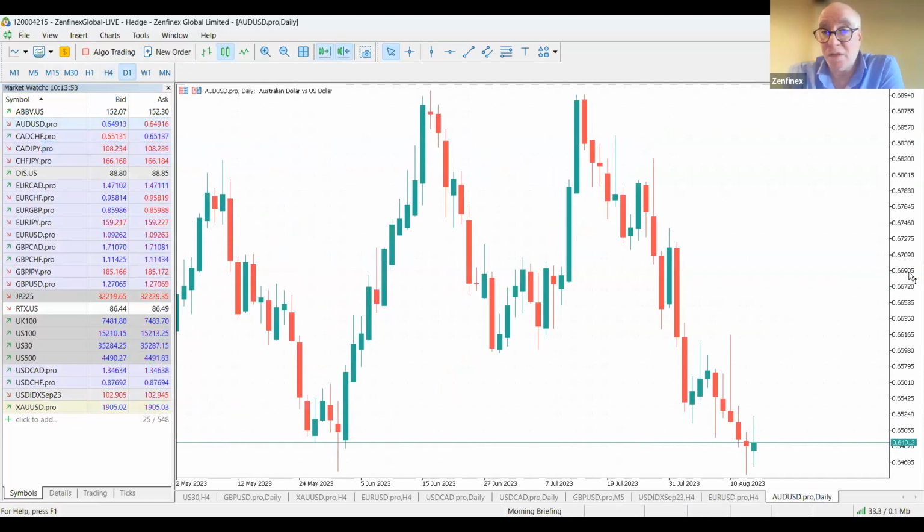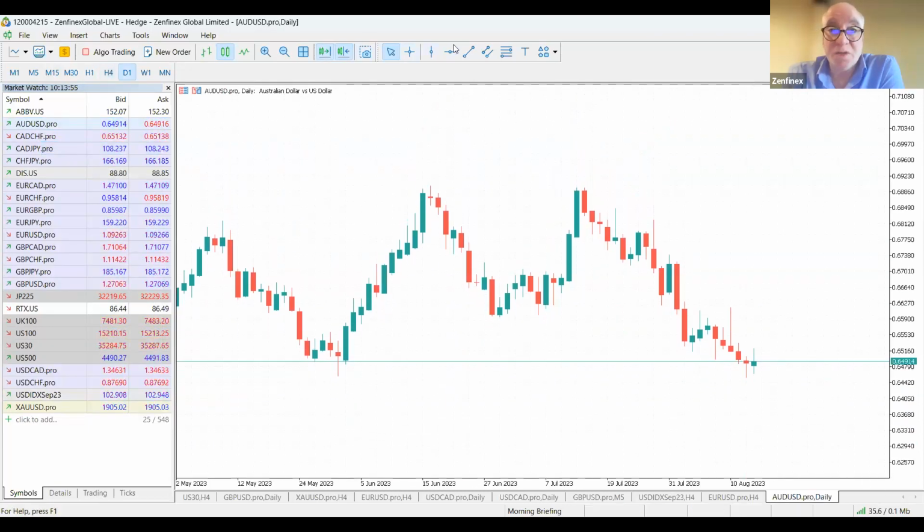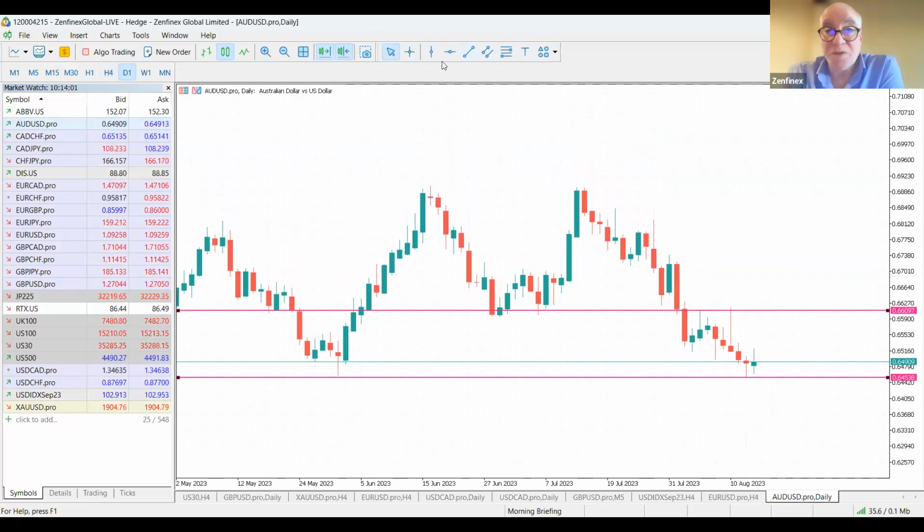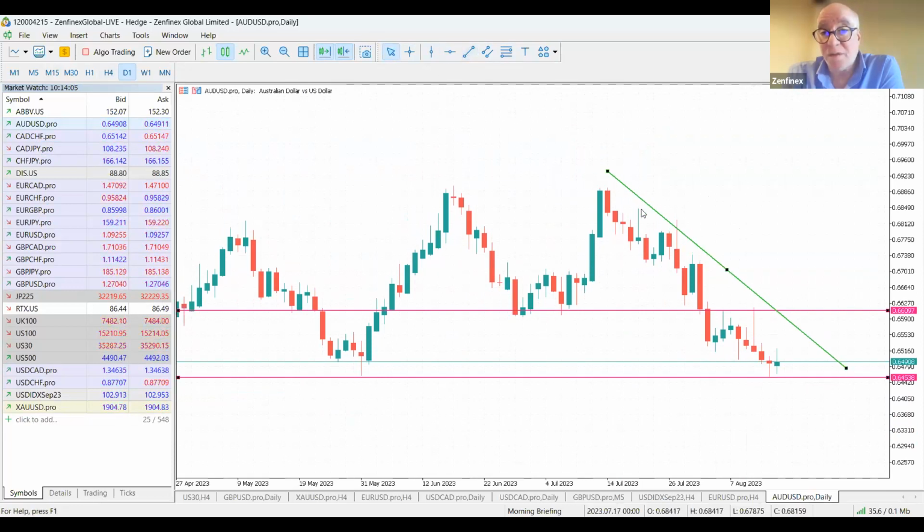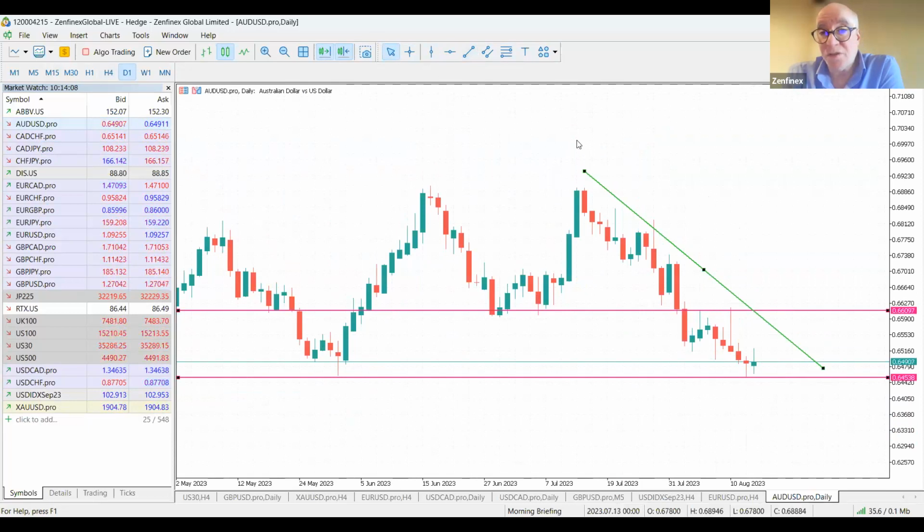New chart. What do we see? We see that consolidation zone, and we see exactly the same thing, right? Consolidation, downward move.